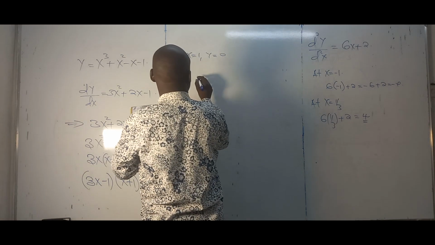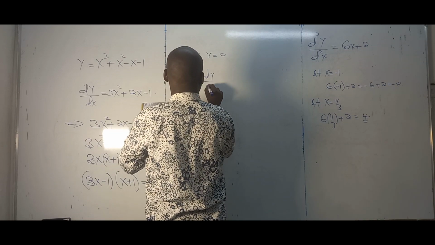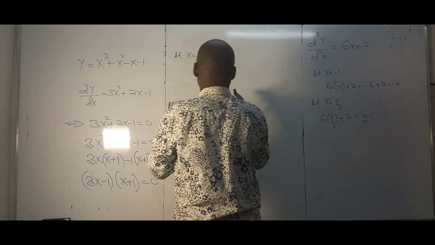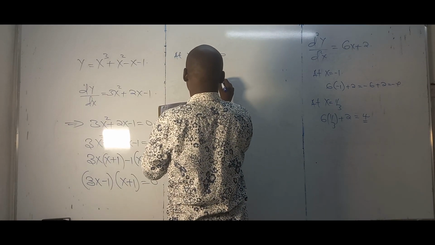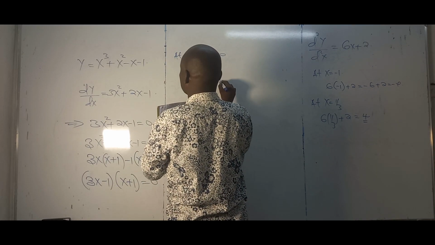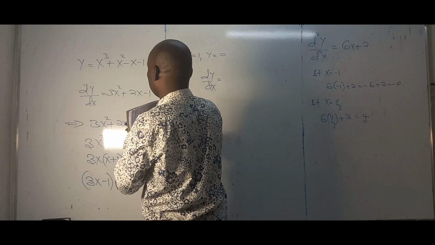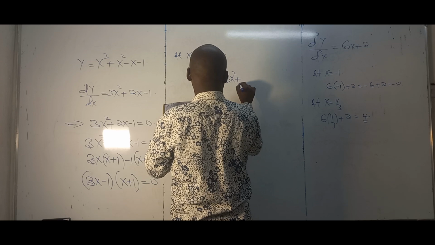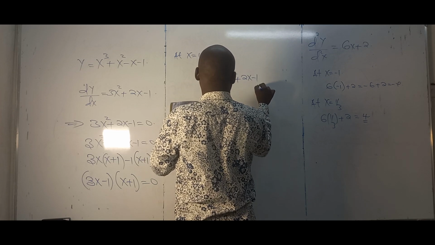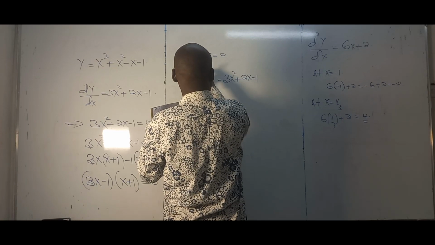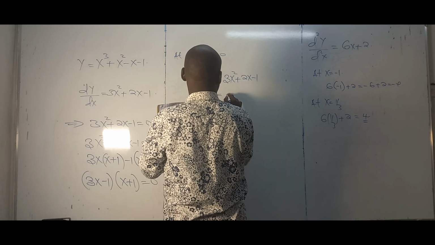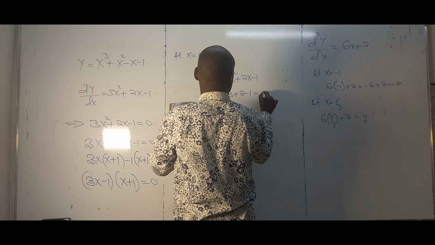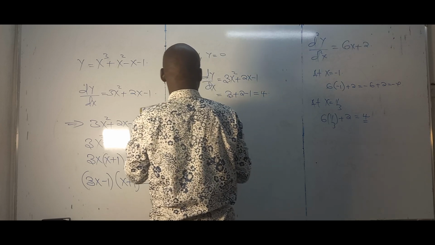So dy/dx at that particular point, because I need the gradient for me to be able to specify the other gradients, becomes 3x squared plus 2x minus 1. So if you substitute 1, I'll be having 3 plus 2 minus 1, which is 4.